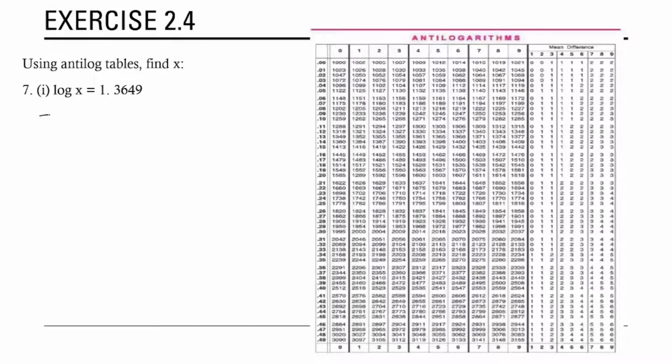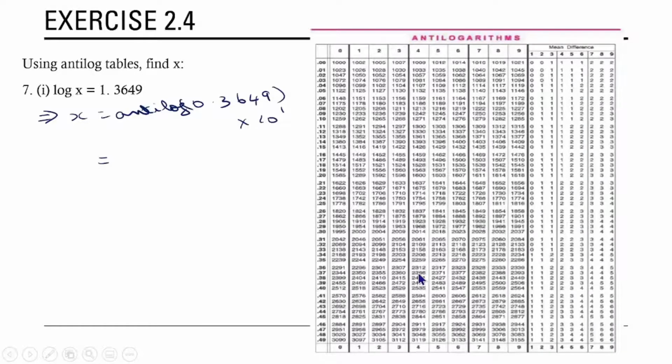So we can find x as antilog of 0.3649 into 10 raised to 1. We look for row 0.36 and column 4.